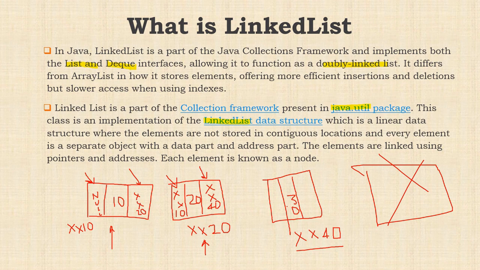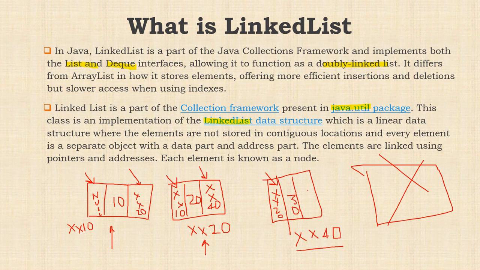At the time of the third node, it will store the address of the previous node, which is xx20. But what can we store here?